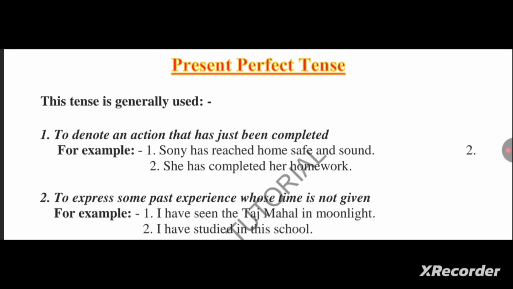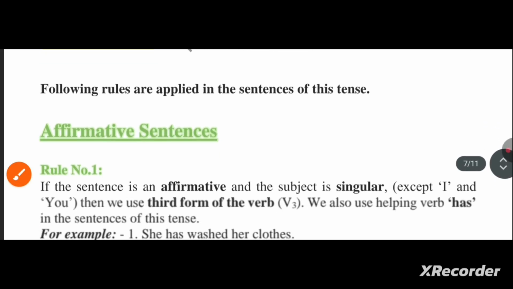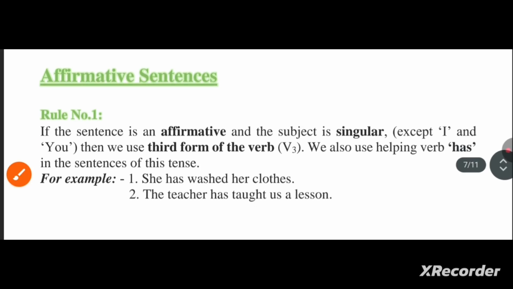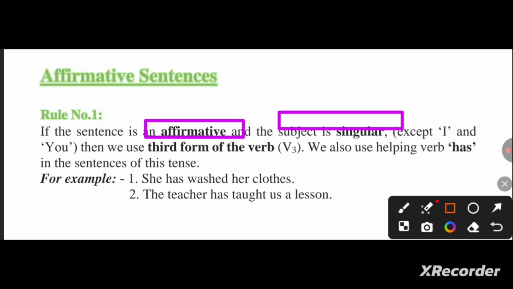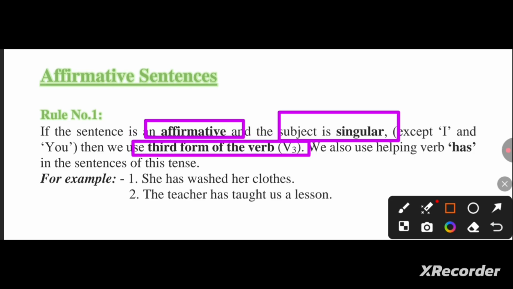Now, these are some of the general rules over here. If the sentence is an affirmative and the subject is singular except I and you, then we use the third form of the verb. We also use the helping verb has if the subject is singular. For example, she has washed her clothes.